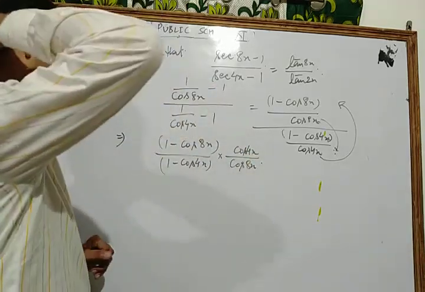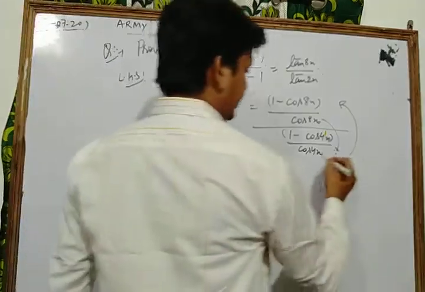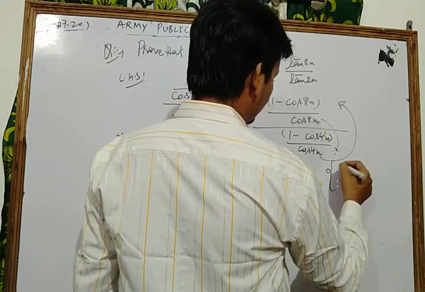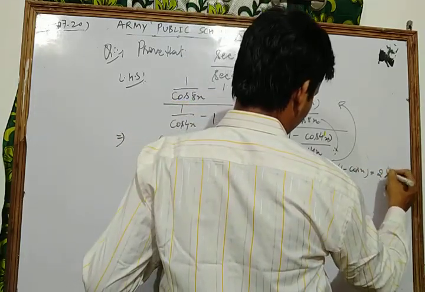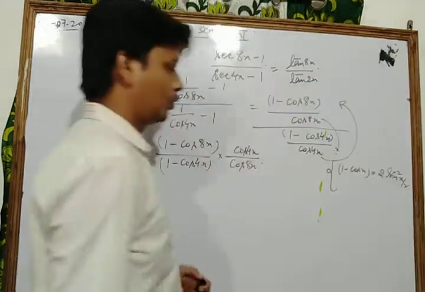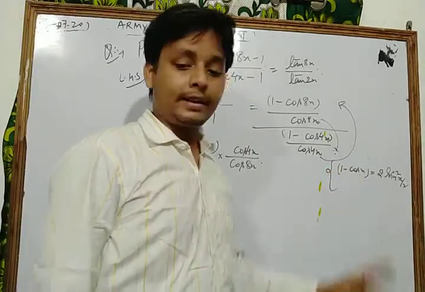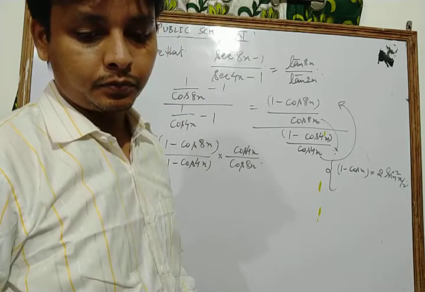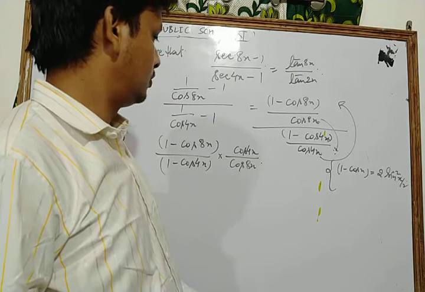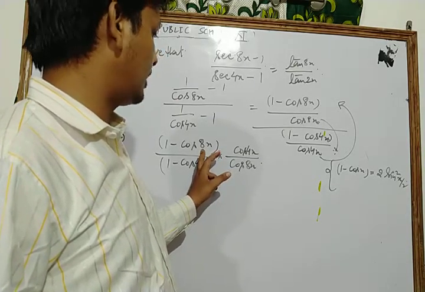Now we know that 1 minus cos x is 2 sin square x by 2.